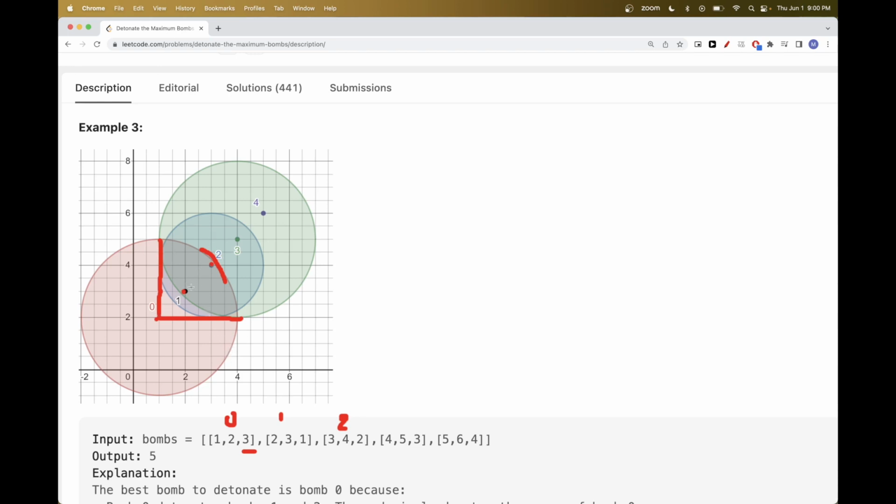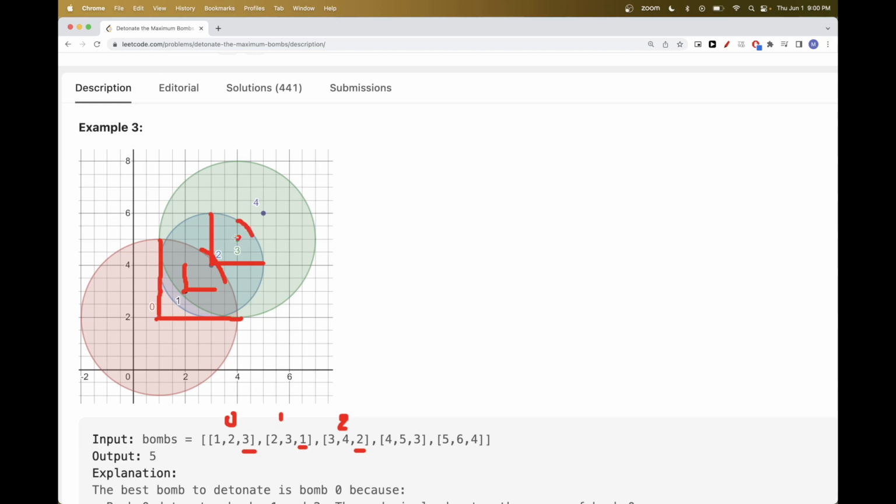Okay, so once it detonates these, then because 1 was detonated, as a consequence, 1 has just radius of 1. And so it just covers here. So for 1, we don't have any additional detonated cells, but for 2, which has radius of 2, so it's 1 and 2, 1 and 2 will detonate this circle 3 because it's in the range.